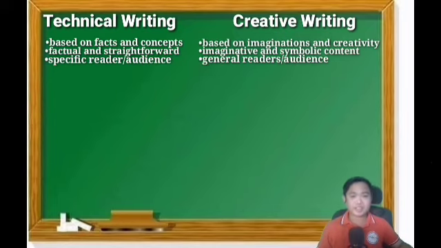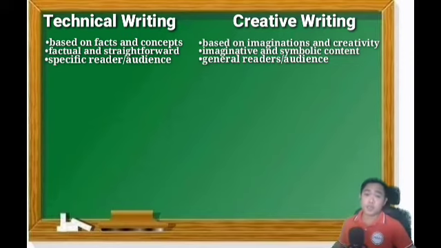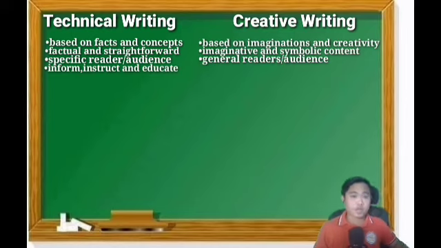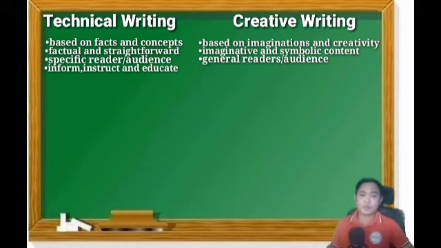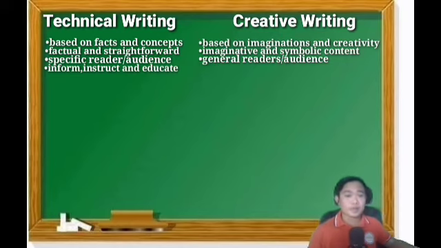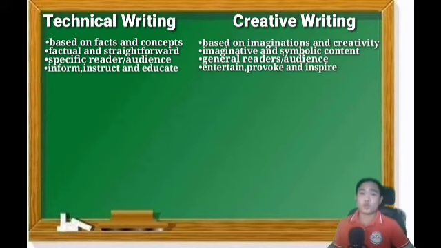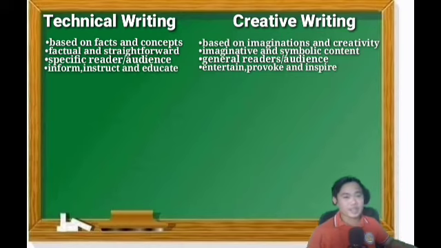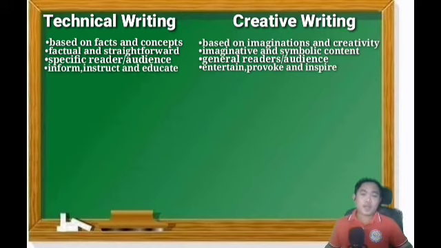Another. What about the purpose? The purpose of technical writing is to inform, instruct, and educate the reader. While the purpose of creative writing is to entertain, provoke, and inspire readers. All right, another.